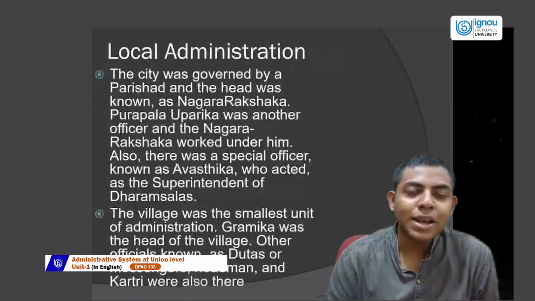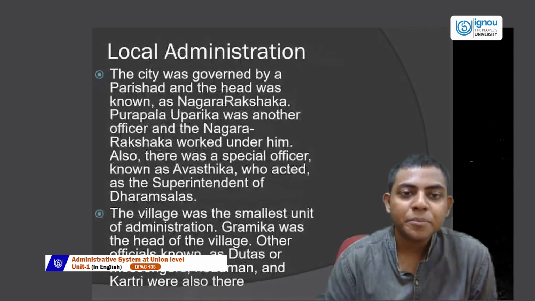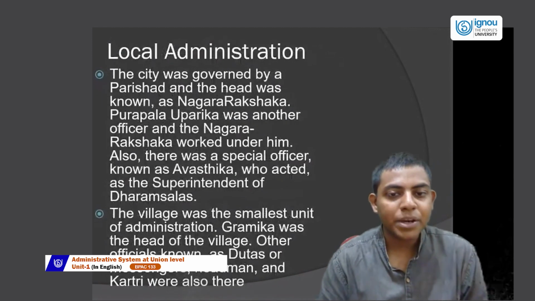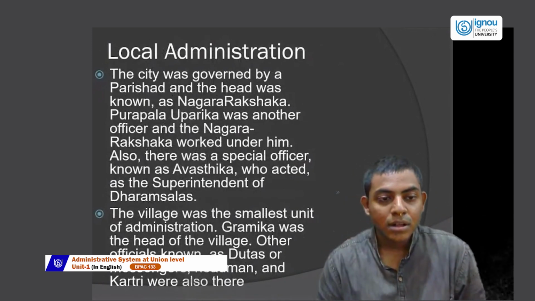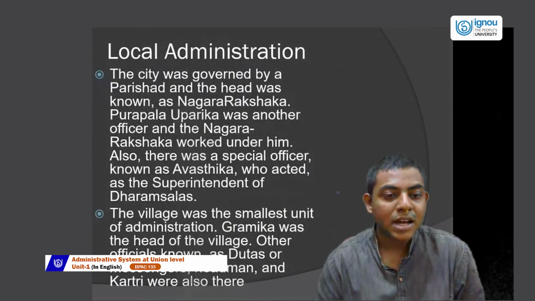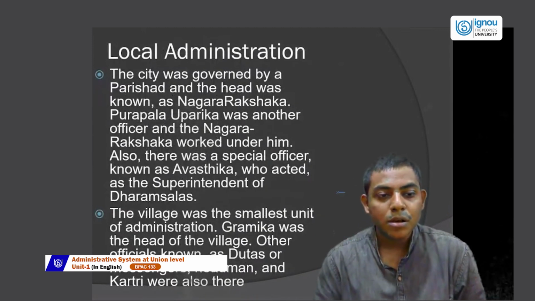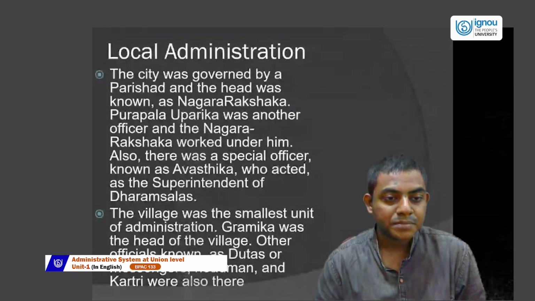Now, let us see the local administration during the Gupta period. The city was governed by a parishad, and the head of the parishad was known as the Nagar Rakshak. The Purapal Uparika was another officer, and the Nagar Rakshak worked under the Purapal Uparika.